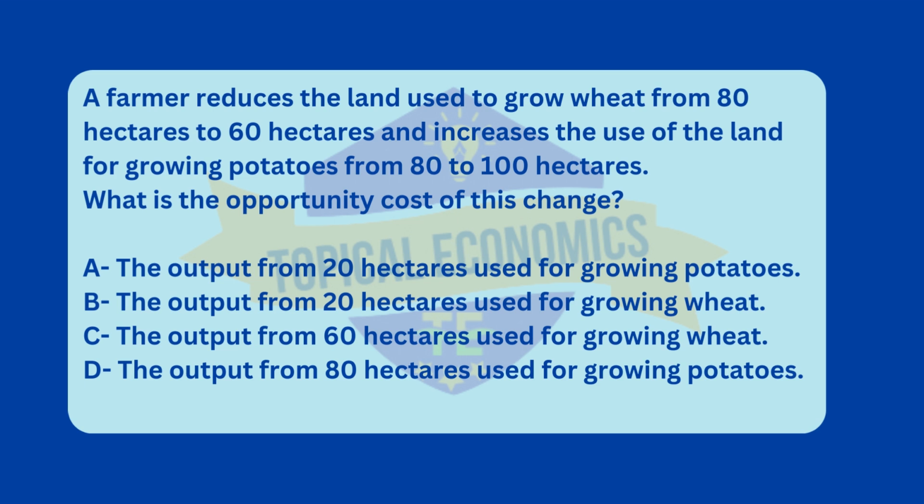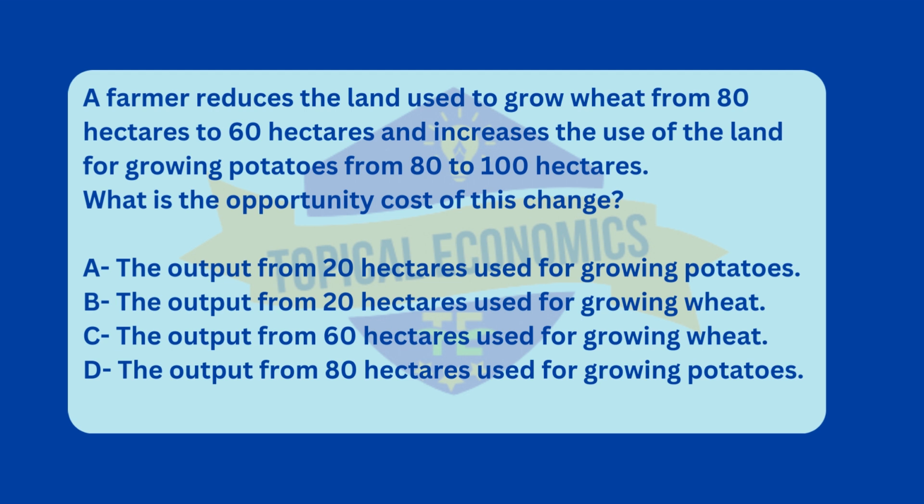This means the farmer gives up 20 hectares of wheat production. The land that is freed up, 20 hectares, is then used for growing potatoes. So, the opportunity cost of using 20 hectares of land for potatoes is the wheat that would have been grown on that land. The output of the 20 hectares of wheat that the farmer gave up is the opportunity cost.